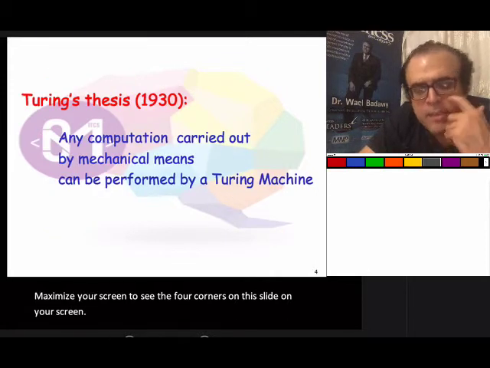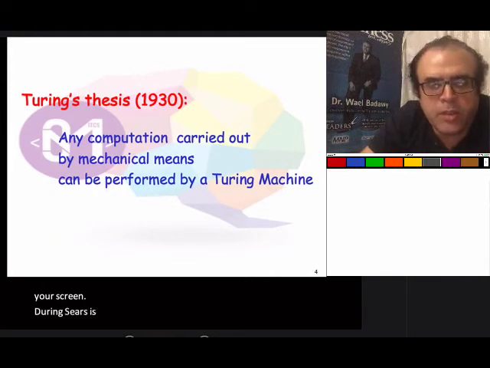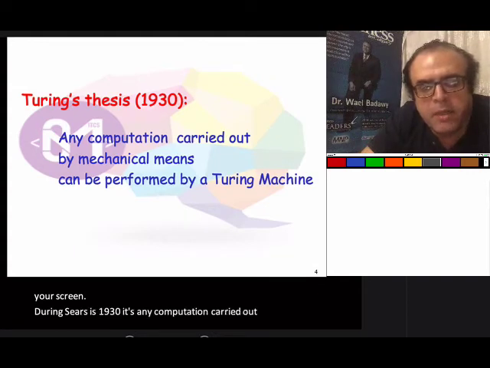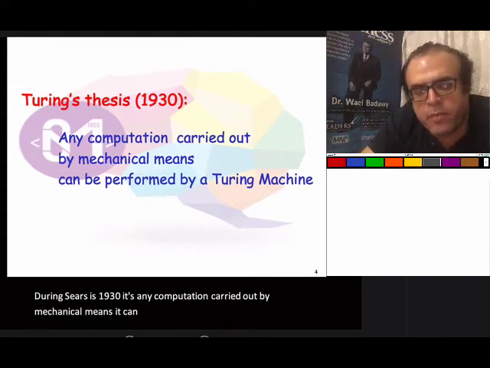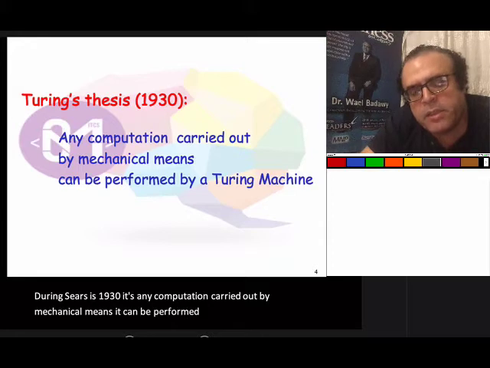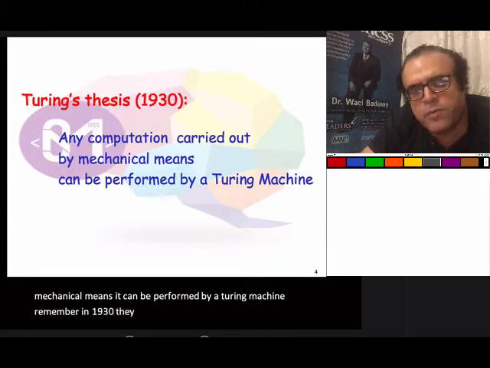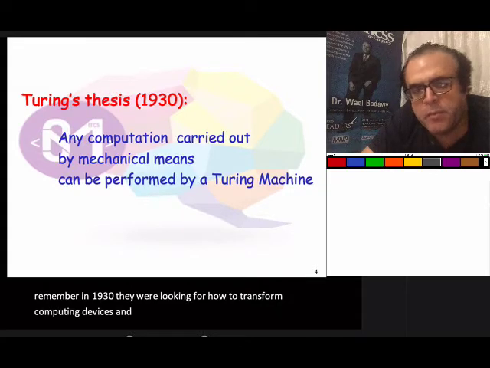Turing's thesis dates to 1930. It says any computation carried out by mechanical means can be performed by a Turing machine. Remember, in 1930, they were looking for how to build machine-based or mechanical-based computing devices.